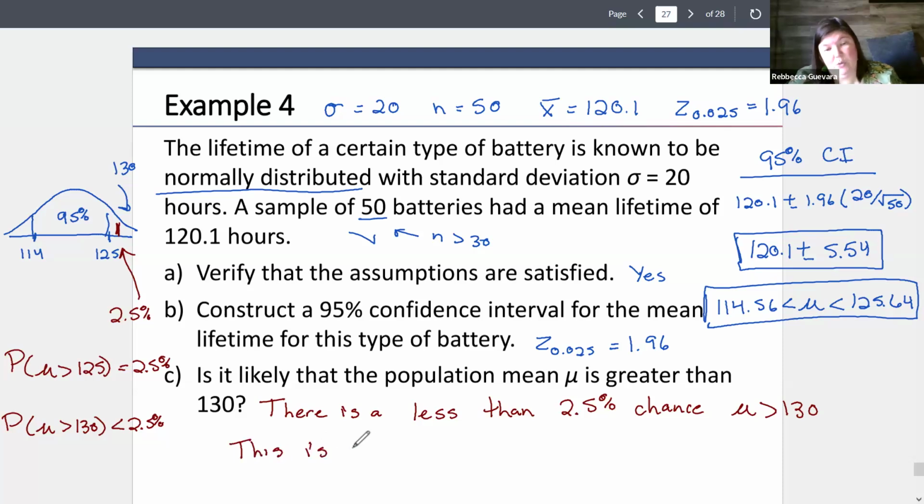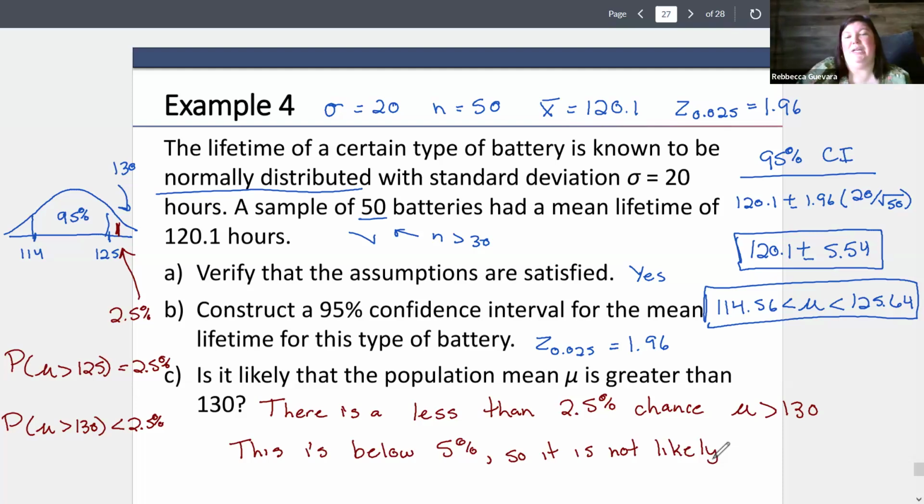This is below. So remember, things start being unusual or unexpected when it had less than a 5% chance of happening. So anything below 5% is not likely to occur. So this is not likely to occur.